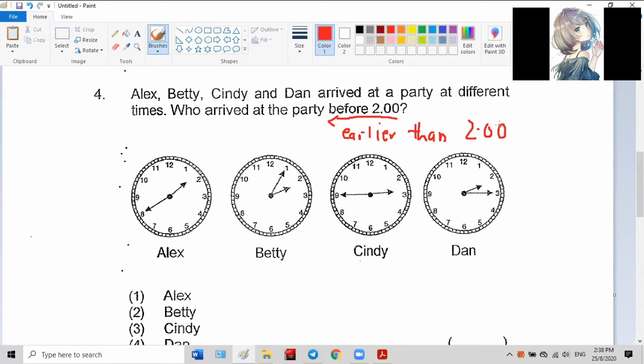So what is this time? Alex is what time? 1:40. Very good. How about Betty? 2:05. Very good. You can tell the time already.